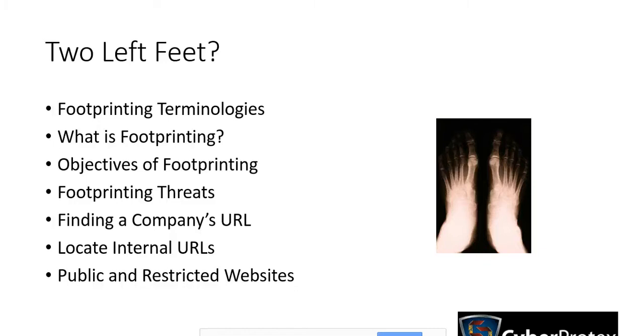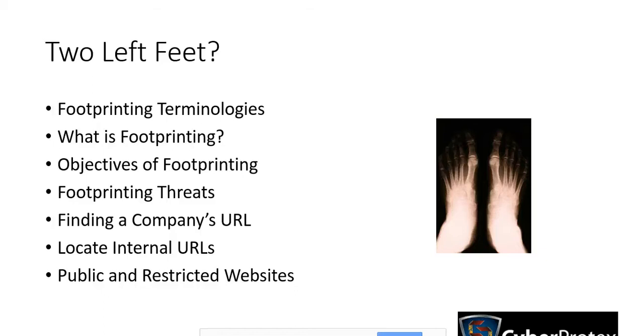So if I were to ask anybody on the horn right now, why would it be important for us to do footprinting on a company? Let's say we've been engaged to do a risk assessment or a vulnerability assessment of Boeing or Lockheed Martin or Northrop Grumman or one of the big contractors out there.